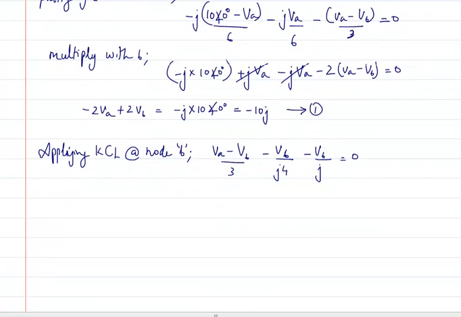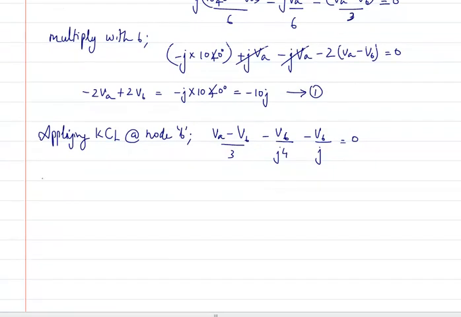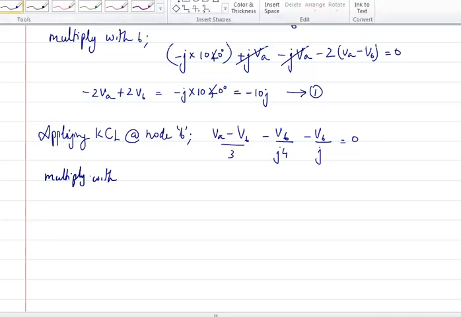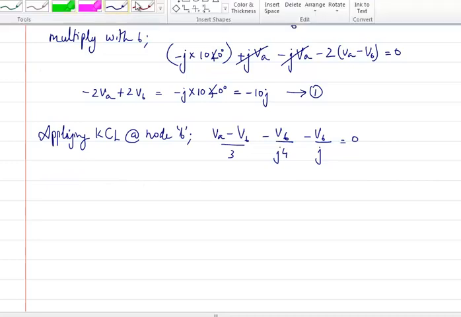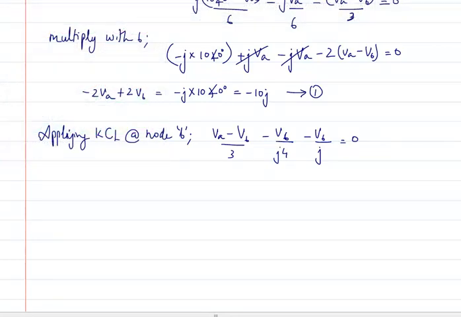So you can see again multiply with, so before that I have to take J into the numerator. So let me use, okay, taking J at numerator.